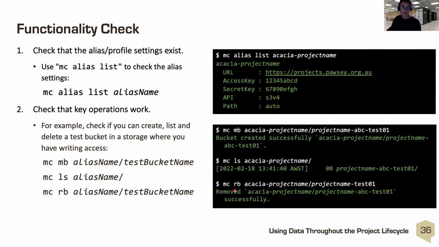And then, because this was a test, you do mc rb, remove bucket, alias name, slash, the name of the bucket, and you remove the bucket. So basically, this is what we are proposing for the functionality check: some check towards the configuration file being recognized properly, and some check of functionality, basically create a test bucket and remove it.